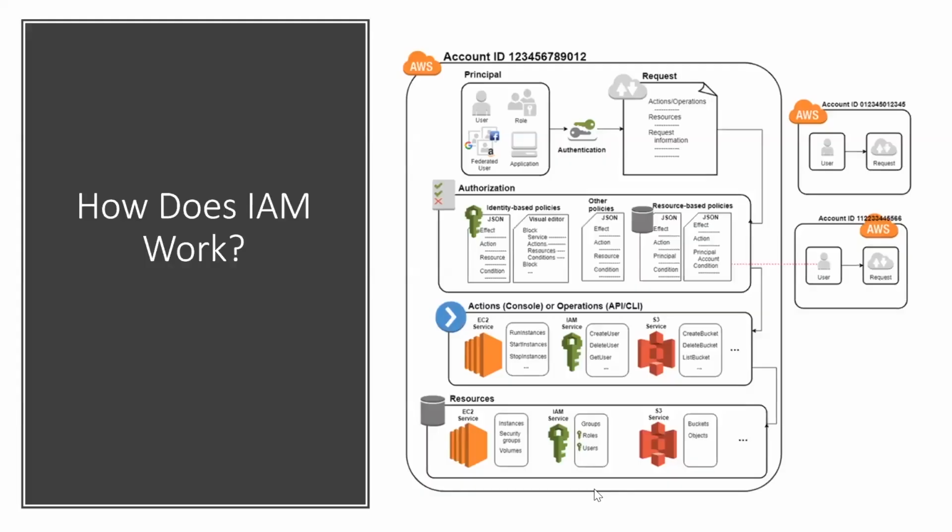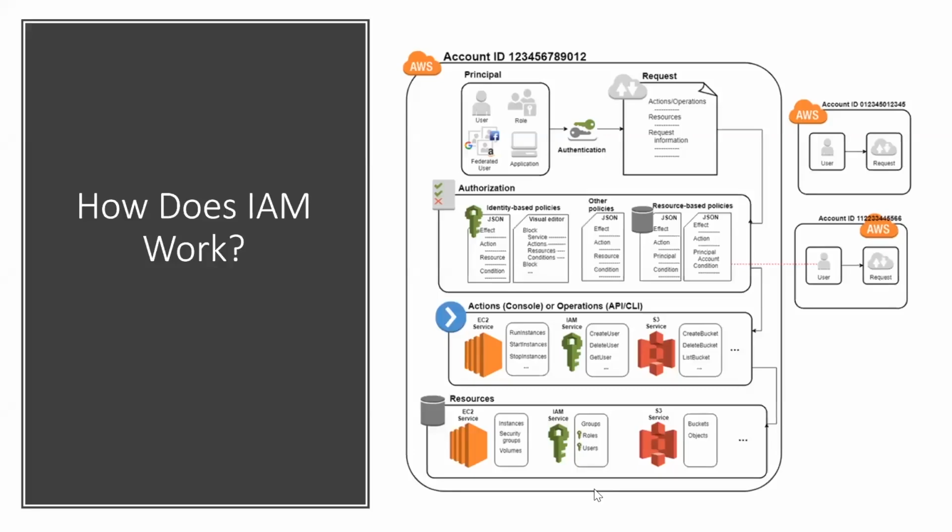Then we have resource-based policies. In the resource-based policies, we have our effect, action, principal, and condition, just like we do for our identity and other policies. However, the only difference is we have defined the policies based on the EC2 instances. For EC2 instances, a person who has access will have a certain set of authorizations to be performed.